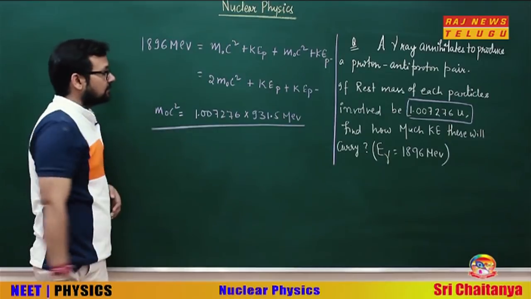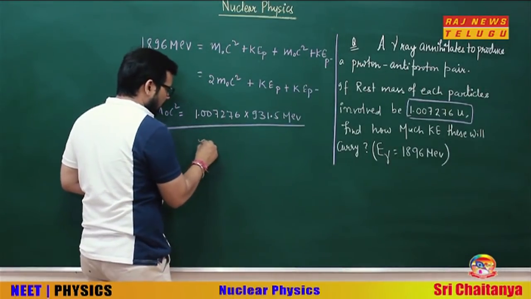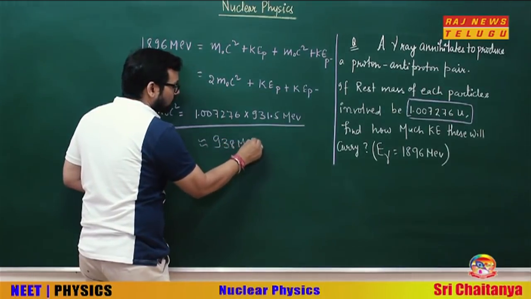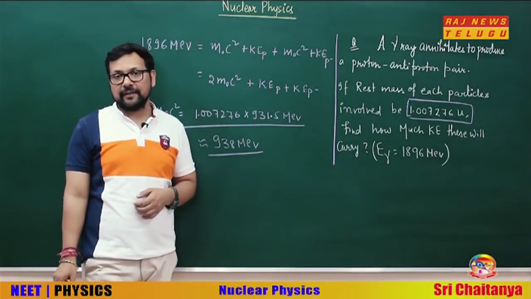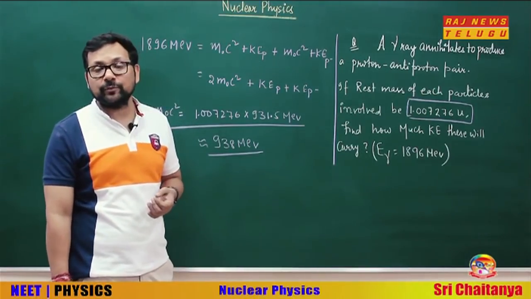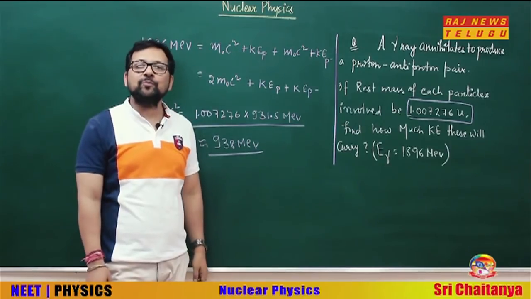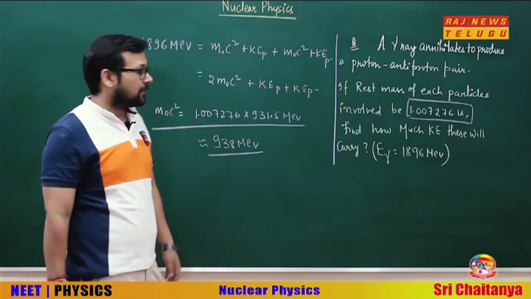This is approximately equal to, let me write this for you, 938 mega electron volt. Such a high energy there in proton antiproton. If you compare this to the electron positron production, that was 1.02 mega electron volt. See the difference, see the change.